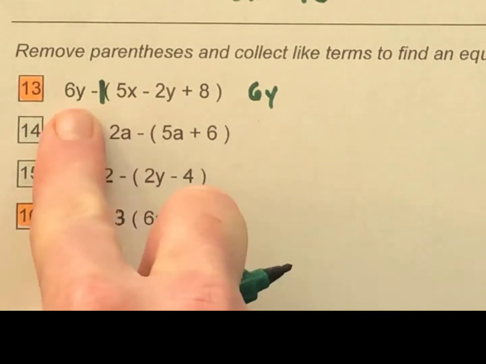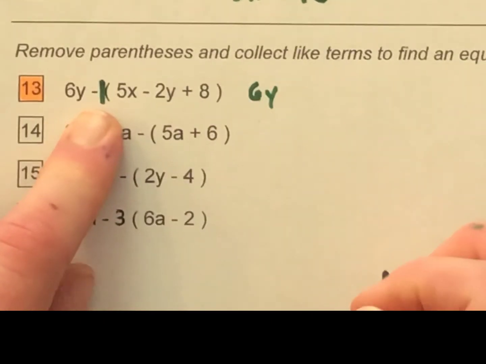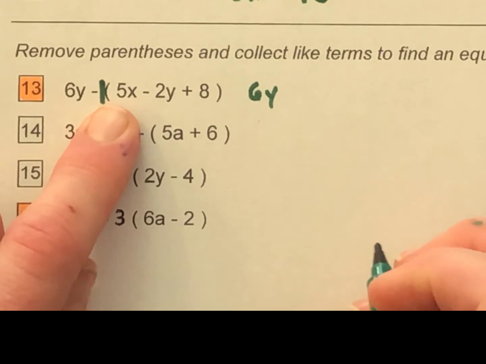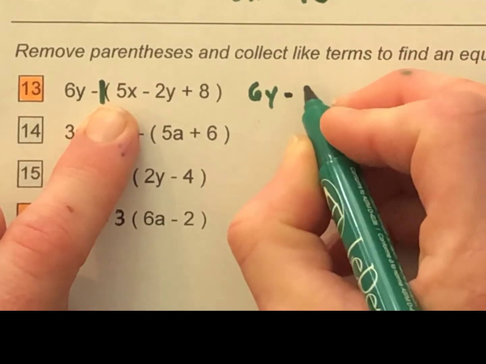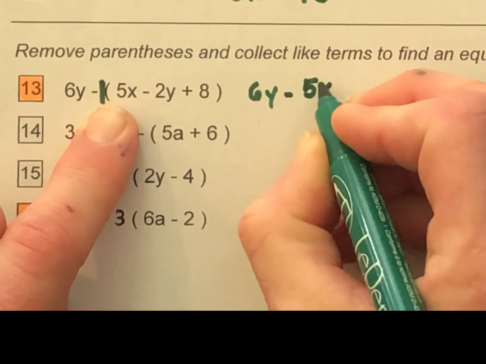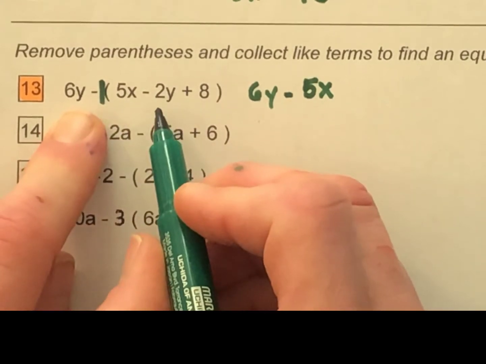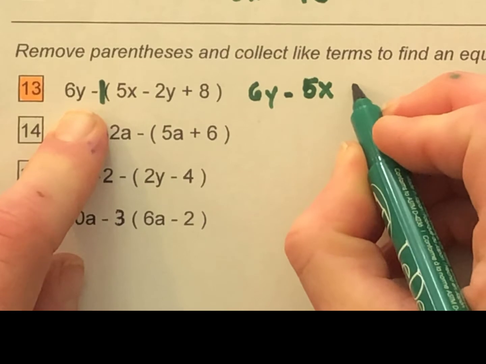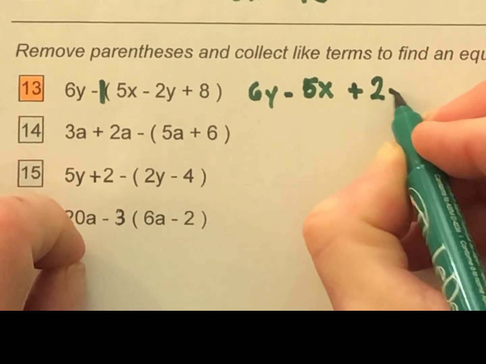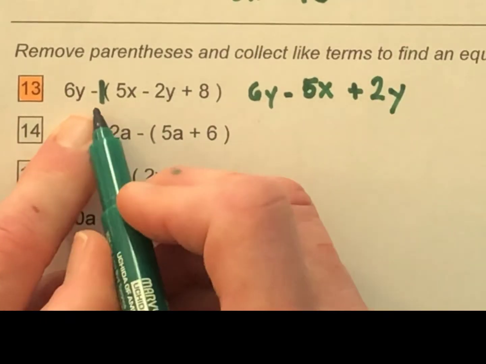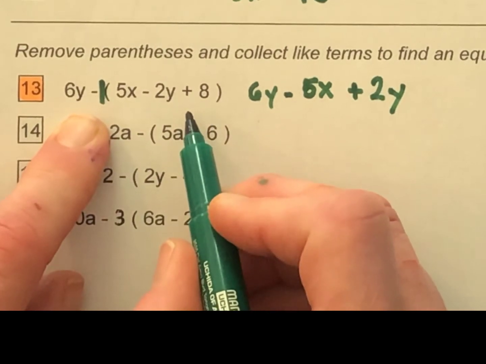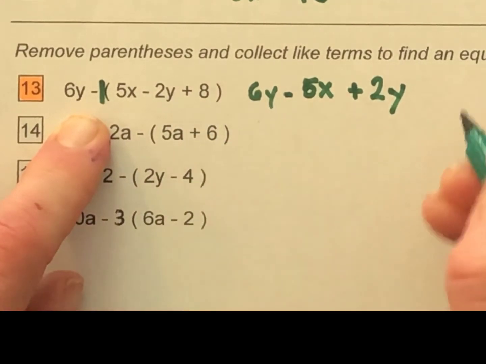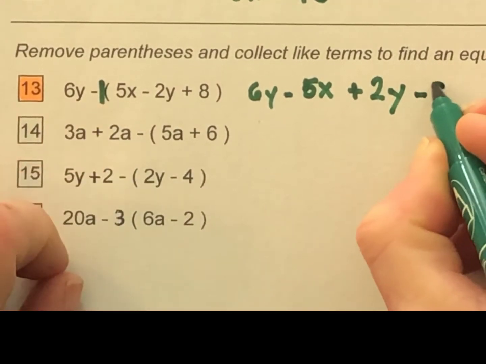Now I'm going to distribute the parentheses. -1 times 5x is -5x. -1 times -2y is positive 2y. -1 times positive 8 is -8.